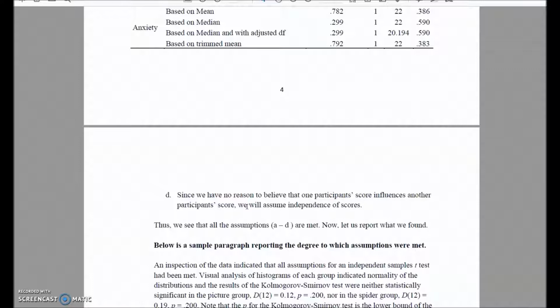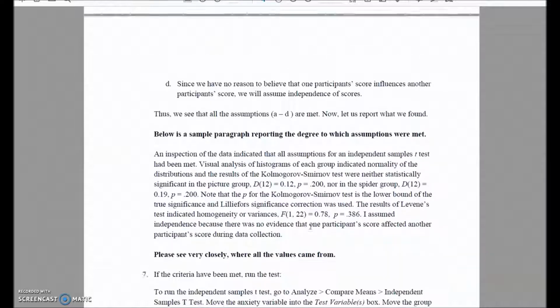Even if you're talking about the same participant, the score for the picture and the spider is not affecting each other, and we'll talk about that in the dependent one. But here, in the independent sample t-test, one participant's score does not influence another participant's score. So we can say that all four assumptions are met.